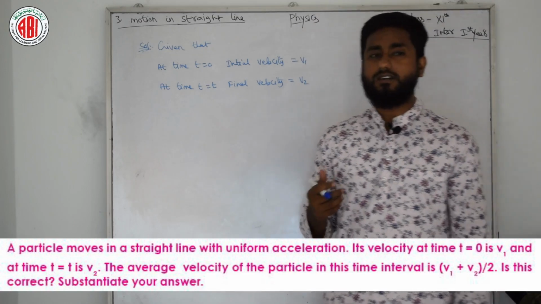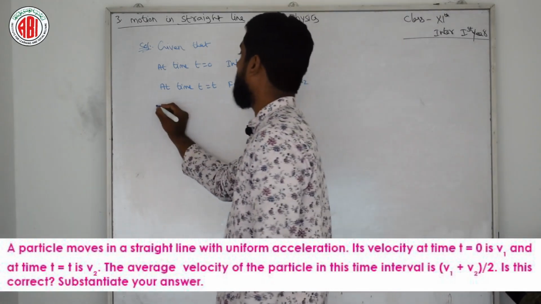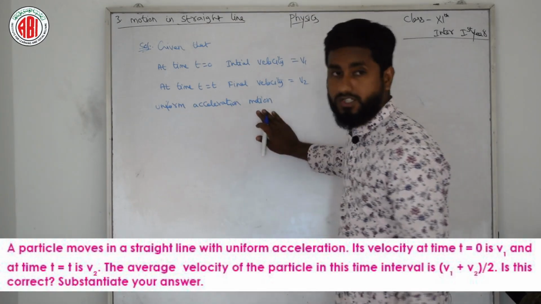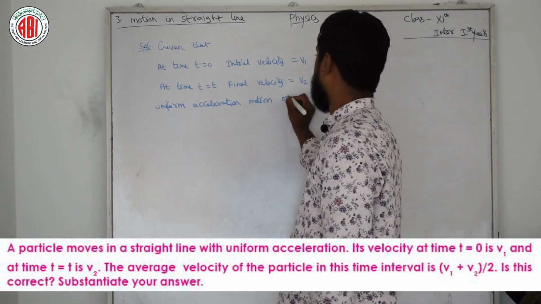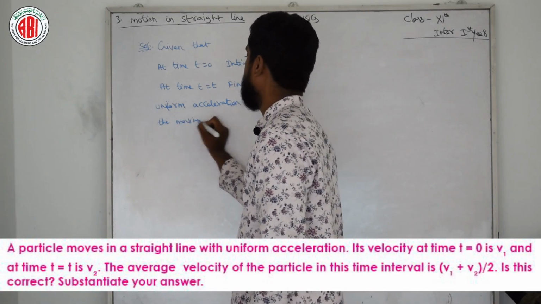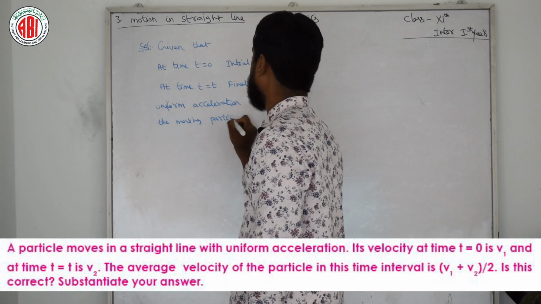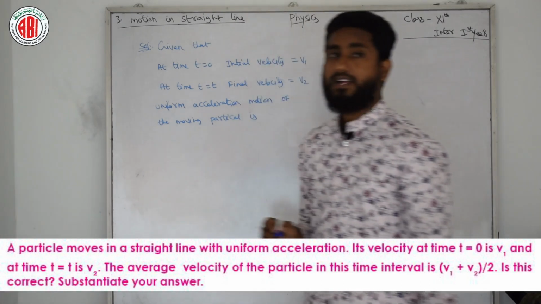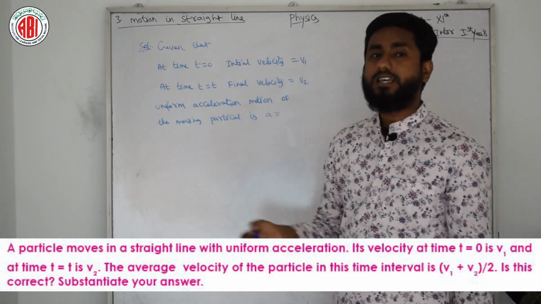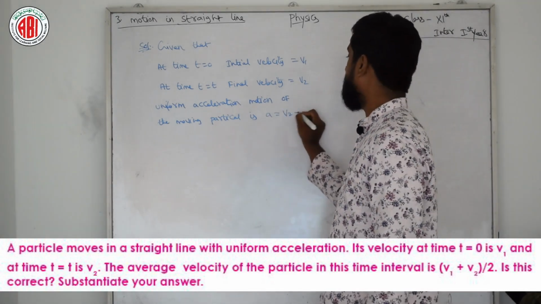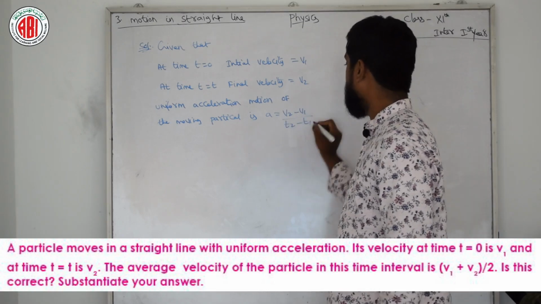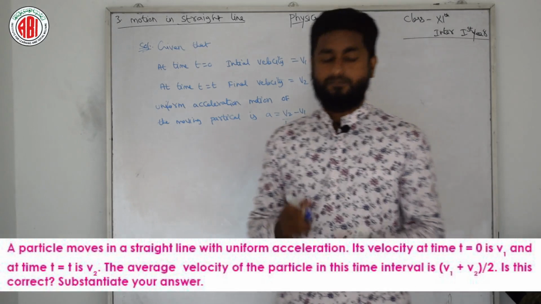Now we need to know uniform accelerated motion of the moving particle. I said we have 4 equations with us. From that we derive acceleration a is equal to (v2 minus v1) by (t2 minus t1). Why did we get this equation? I am explaining.